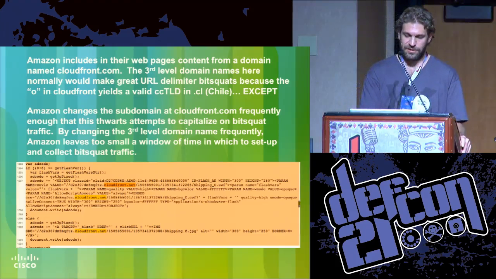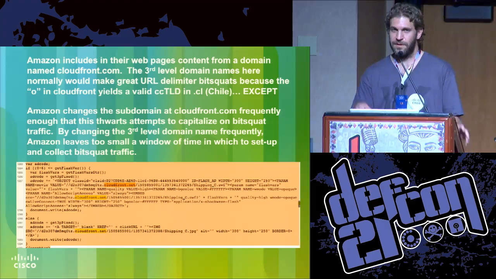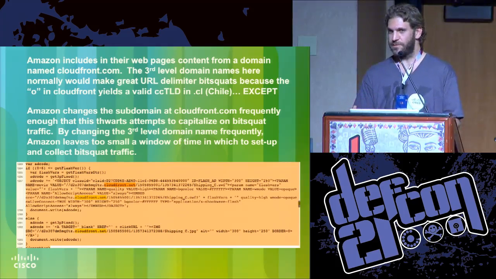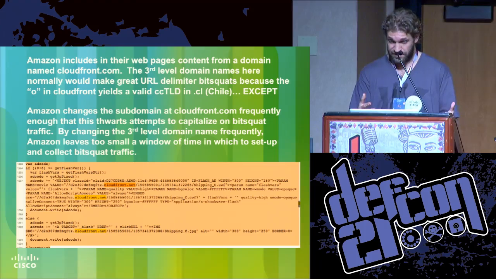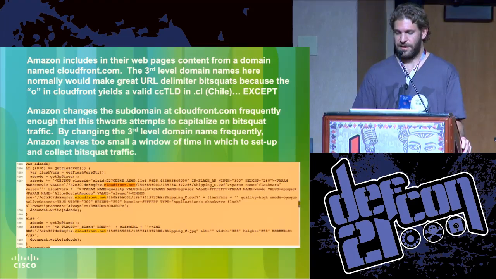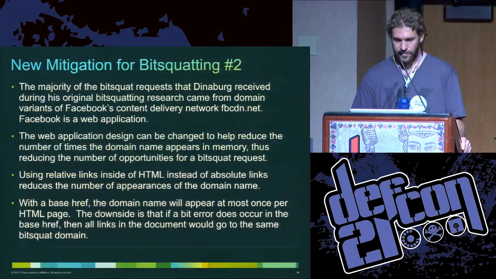But if you look at that third-level host name, it changes every time they recompile some code there. I don't know exactly why it changes, but it changes about every month. So if you were to go out and register one of these domain names, you probably wouldn't get much traffic in the month before it changes. So I thought that was an interesting defense.